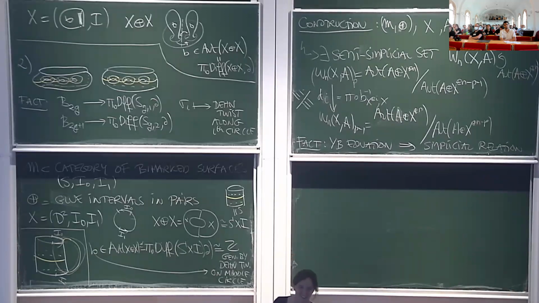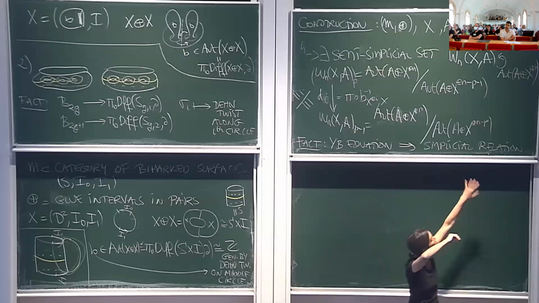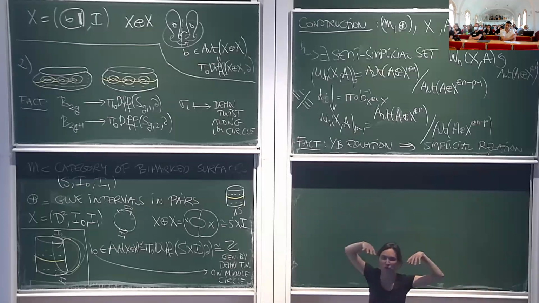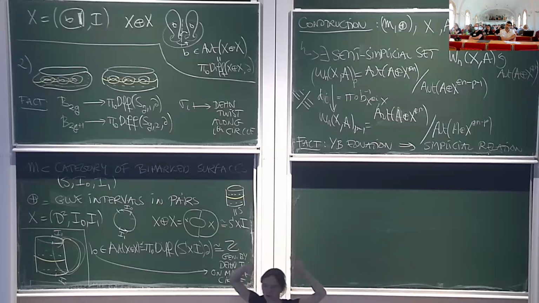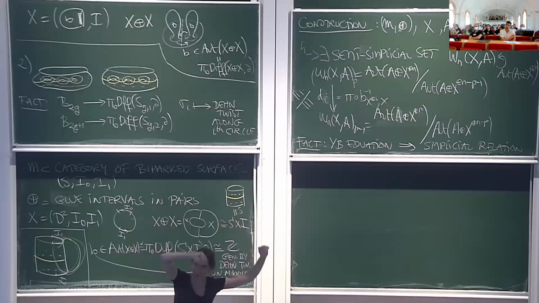So maybe the slightly funny fact is that this Yang Baxter equation was this thing with 3 terms equal 3 terms. And the simplicial relation is 2 things equals 2 things, right? It's di equals di plus 1, this way around.